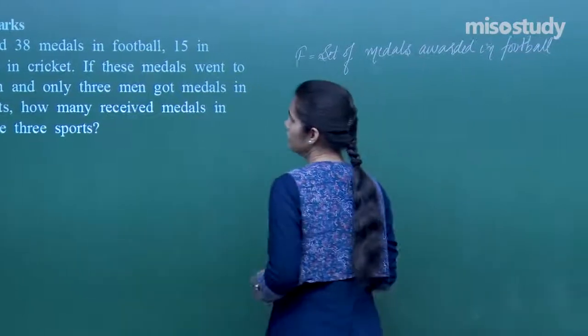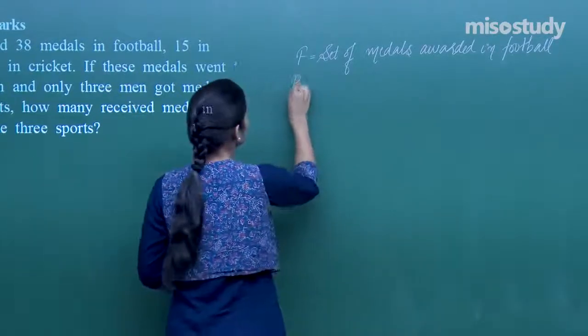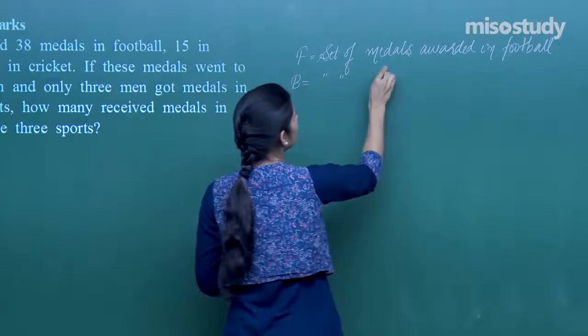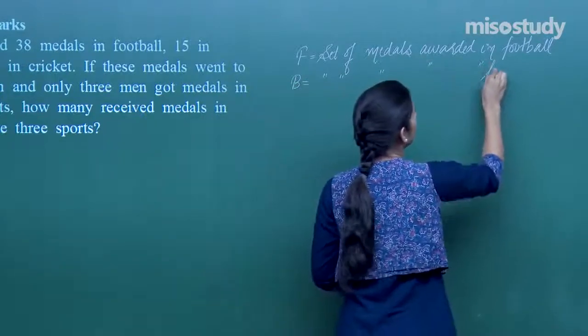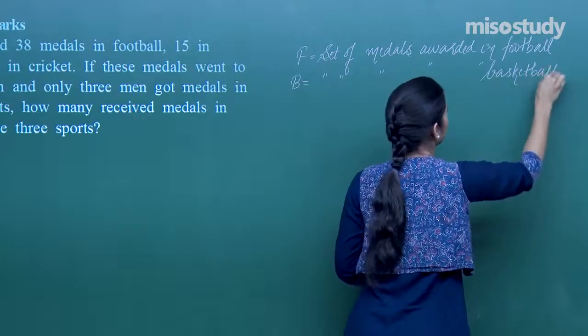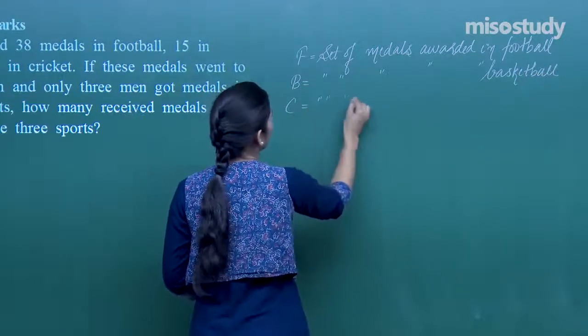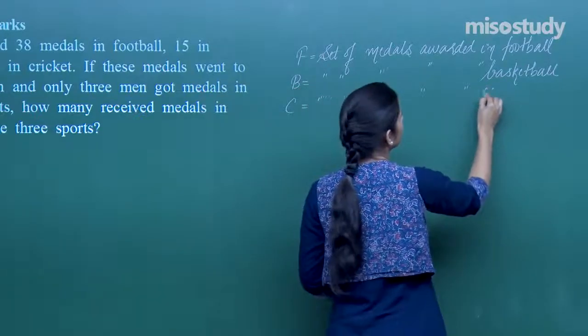Fine. 15 were awarded in basketball, so B is the set of medals awarded in basketball. And then you have cricket, the set of medals awarded in cricket.